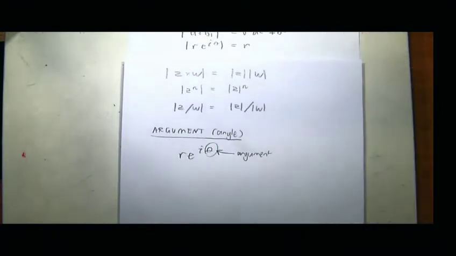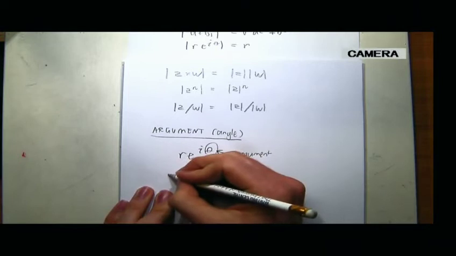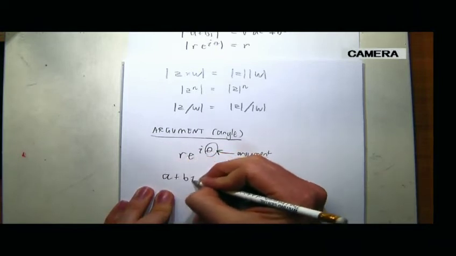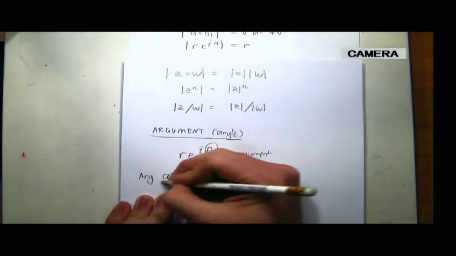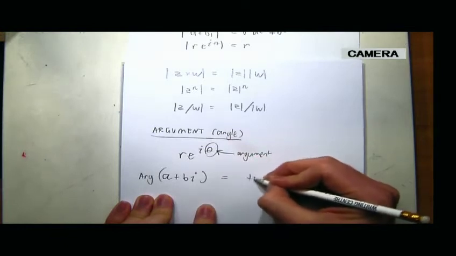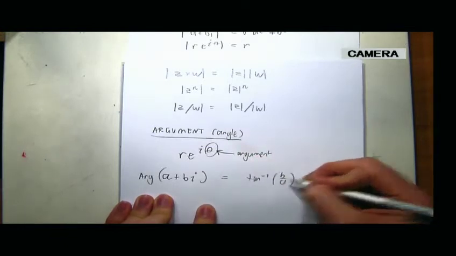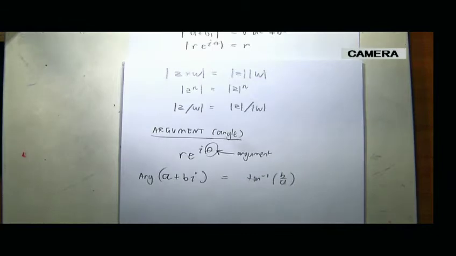And it is not correct to say that if you have a plus bi, the argument of a plus bi is tan inverse b over a. That is in fact not true. It is only true if your complex number is in the first and fourth quadrants. If it's not in the first and fourth quadrants, that will in fact be wrong. So it's worth not doing that. Okay.